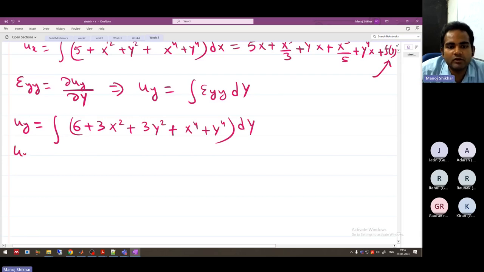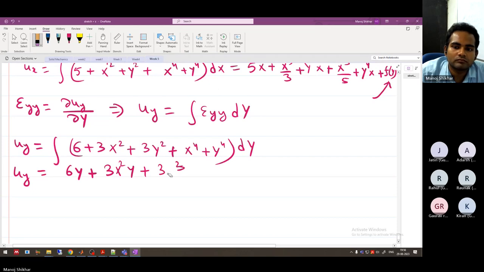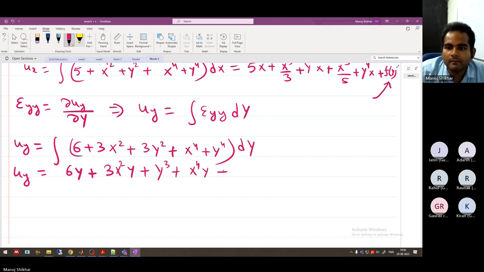So what will be u_y? By the same logic, we will have some function of x here. So first I will write 6y plus 3x square y plus y cubed by 3. So I will get y cubed directly here, plus some function of x.